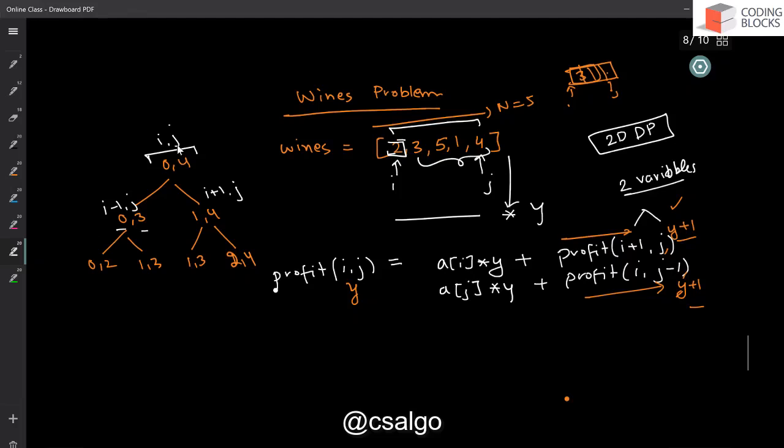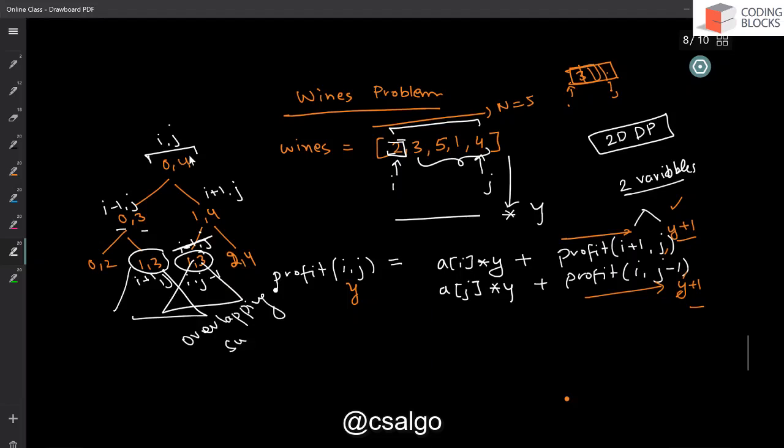Similarly for i and j minus 1, and i plus 1 and j. So there can be multiple states forming overlapping subproblems, and that is the reason we are going to use DP here.